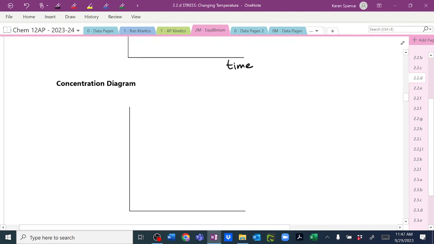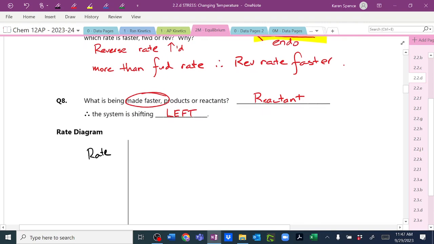And if you've done the rate diagram, you can do a concentration diagram.